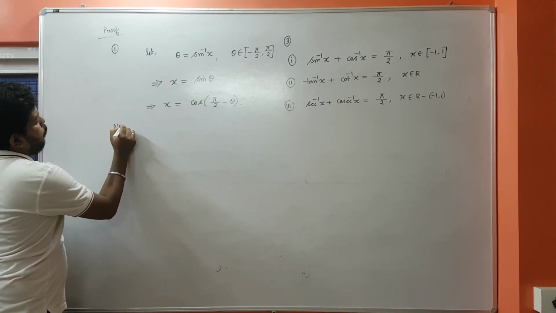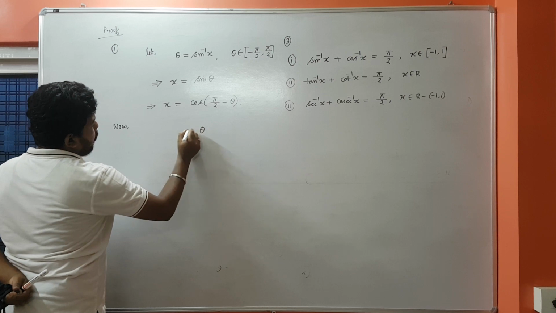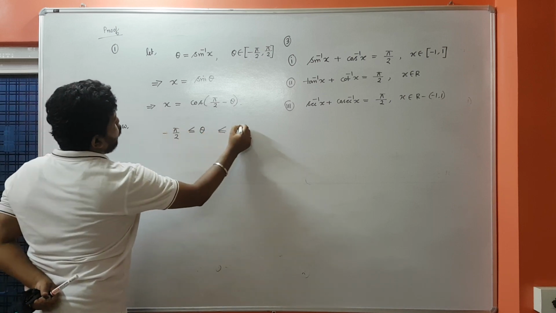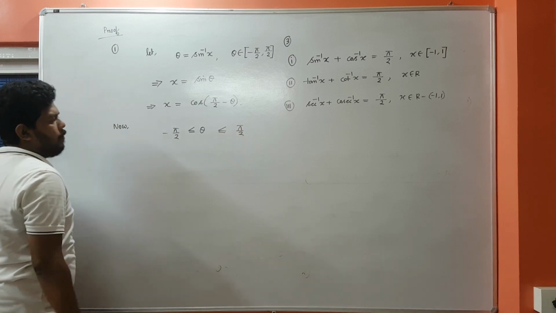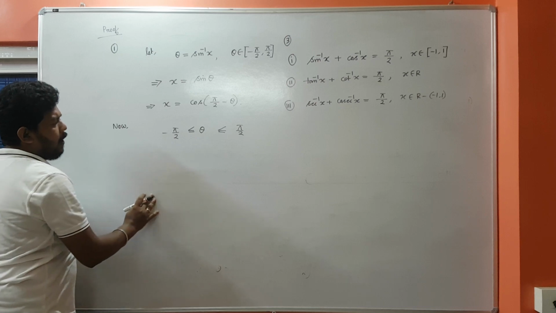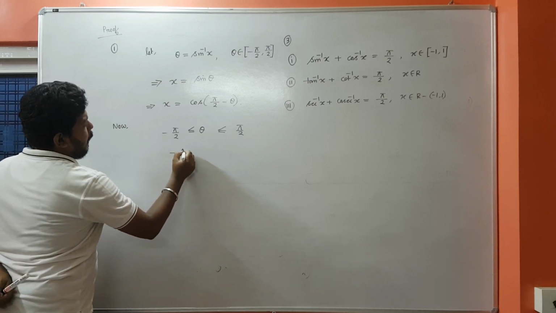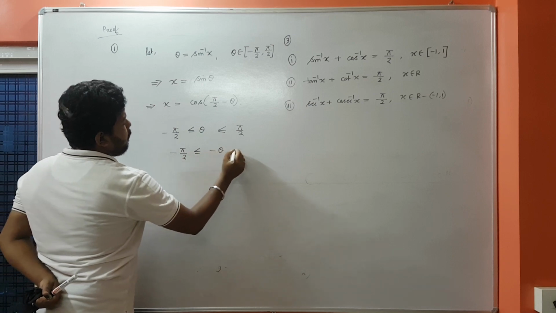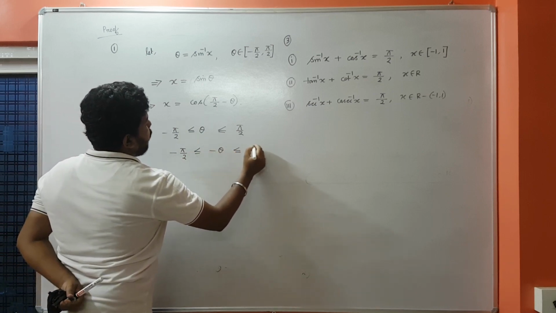We know theta is lying between minus pi by 2 to plus pi by 2. If I multiply this by a minus sign, I will get minus pi by 2 minus theta and pi by 2.